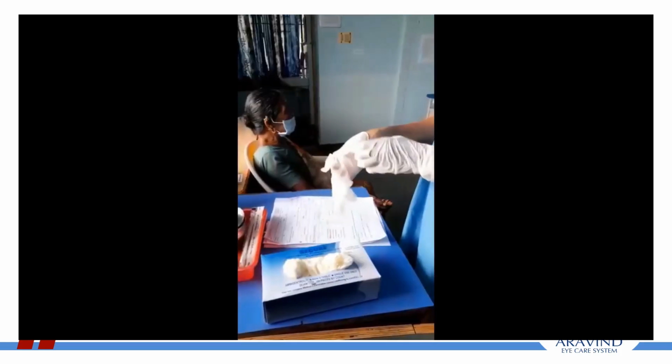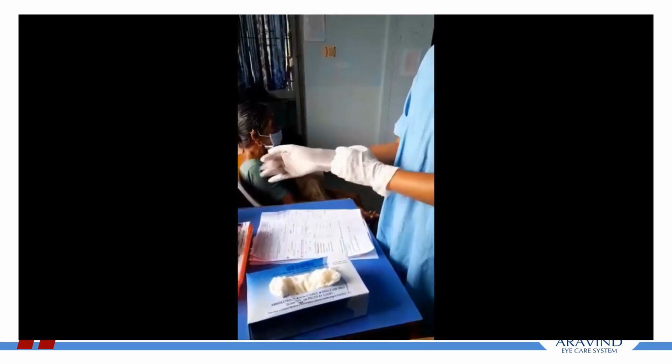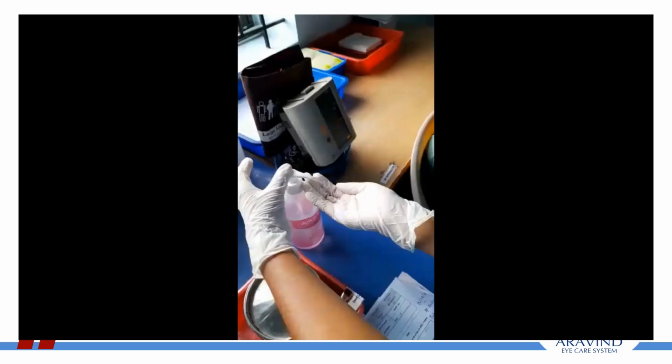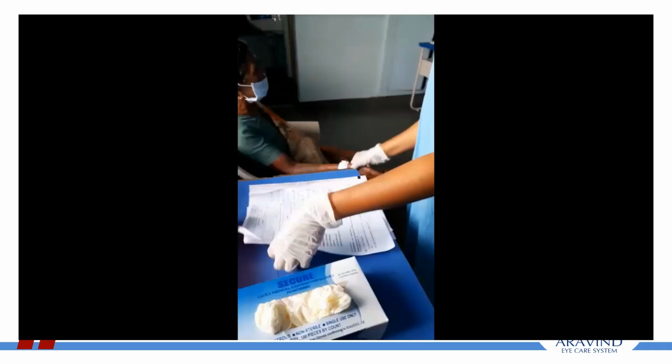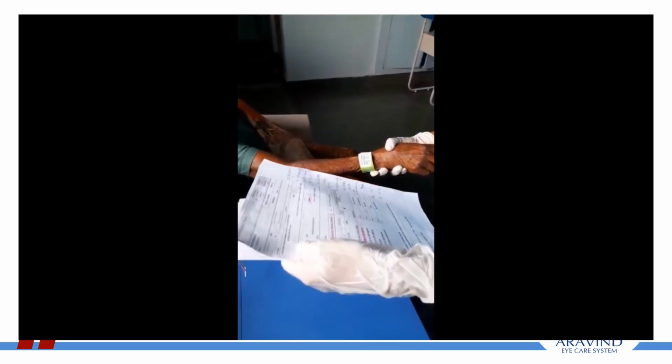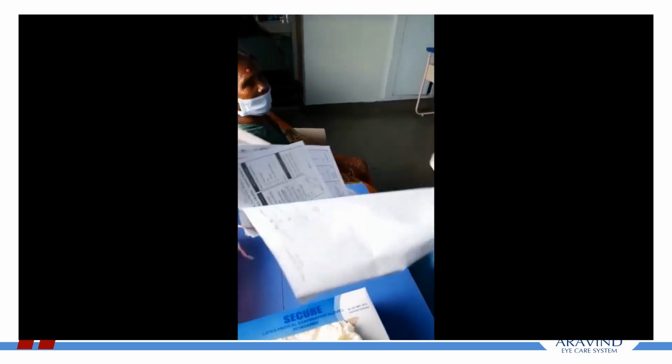Wash hands and wear gloves. Apply hand rub. Verify the case sheet and explain the procedure to the patient.